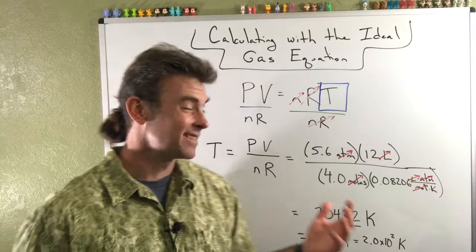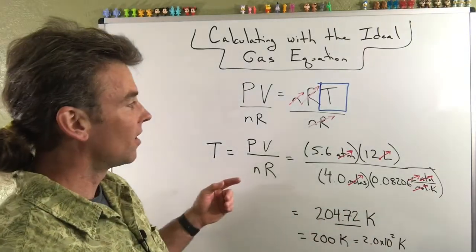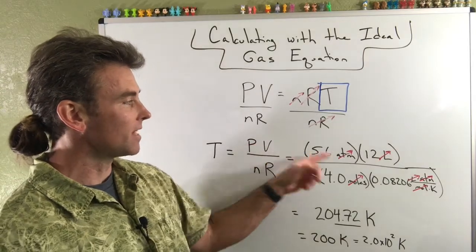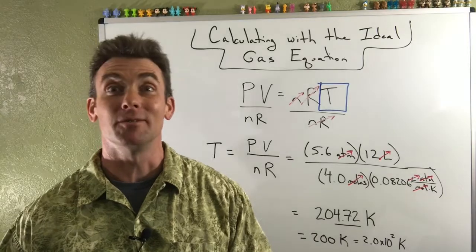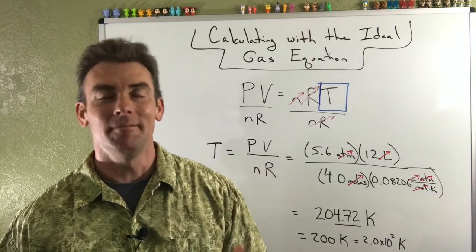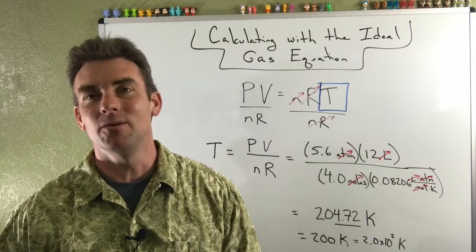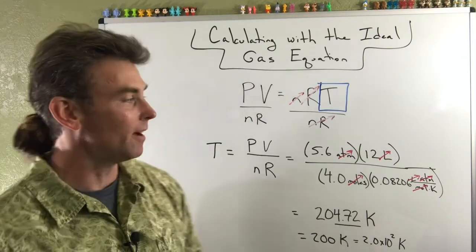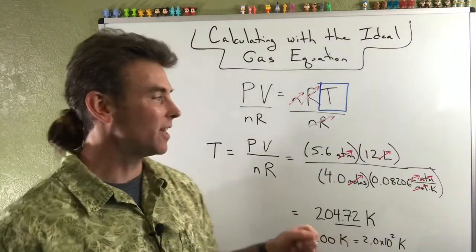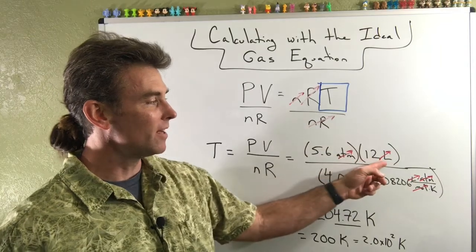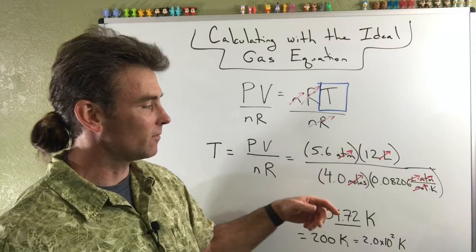Other things that I'm not going to spend a ton of time showing you: what if, instead of giving a pressure in atmospheres, I'm given millimeters of mercury or something like that? Then you have to do a conversion at the start, right? And you might see one of those when I do one of the homework questions for this week. But for the most part, that's stuff that we talked about last week. Maybe instead of liters, you'll get milliliters or megaliters that you have to convert into liters.